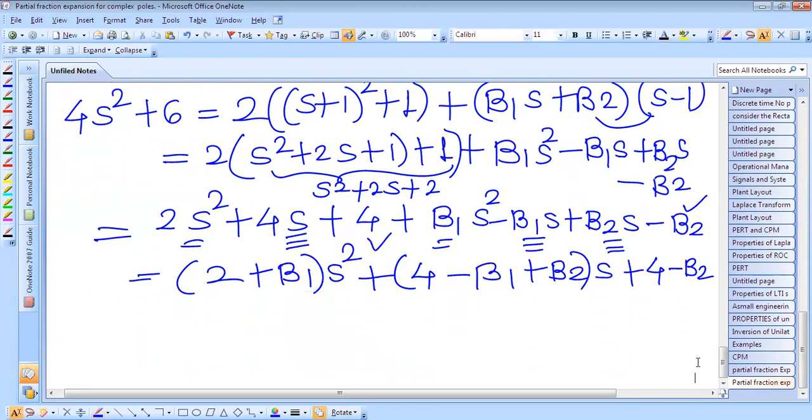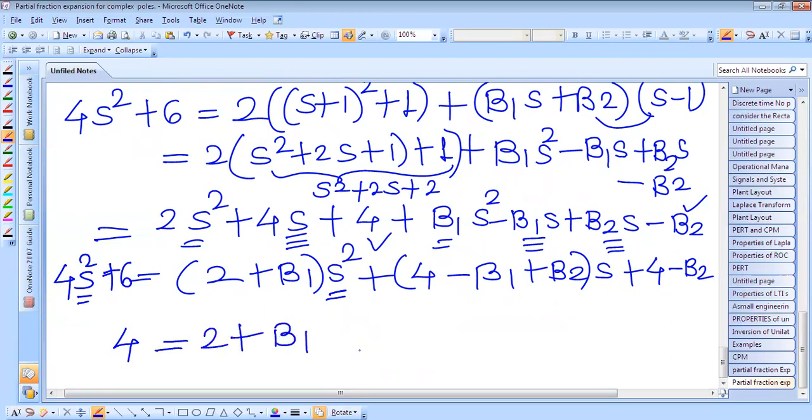Now we can equate these two sides and we can find the values. So the s square term we can equate: 4 is equal to 2 plus b1, and therefore b1 is equal to 2. Similarly, we have to compare the constant terms.